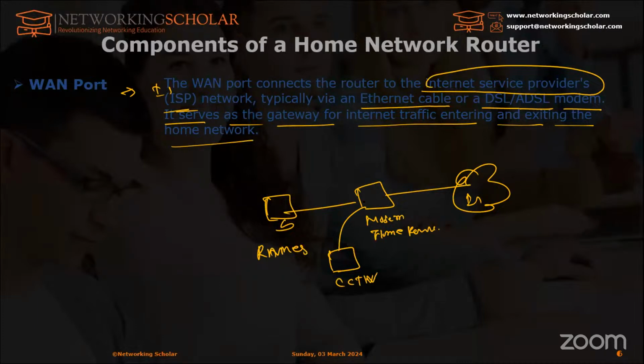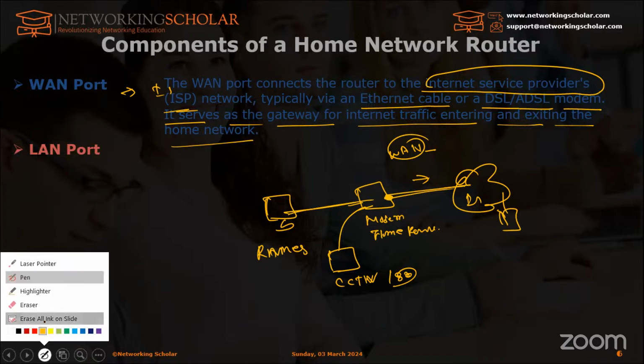It will NAT our traffic from inside to outside. And when traffic comes in for a specific service, like CCTV working on port 80, the public user can access this CCTV directly, because the WAN port is our gateway port.